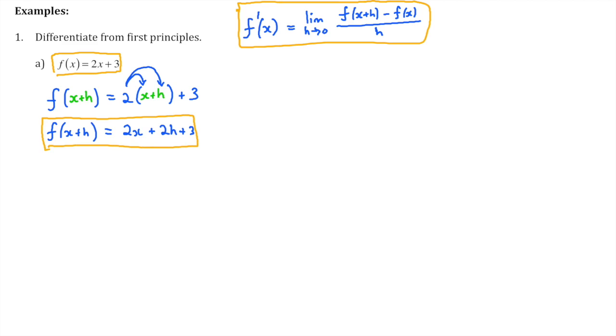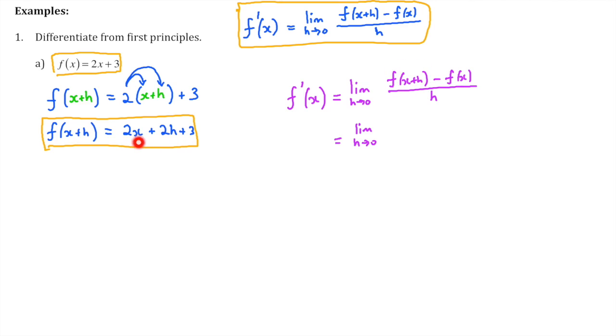I can use my formula, which I'll go over and use now. So, the formula, and I'll just rewrite it again, it's good practice. The derivative equals the limit as h approaches 0 of f of x plus h minus f of x over h, equals the limit as h approaches 0. Now, what do I put in place of f of x plus h?